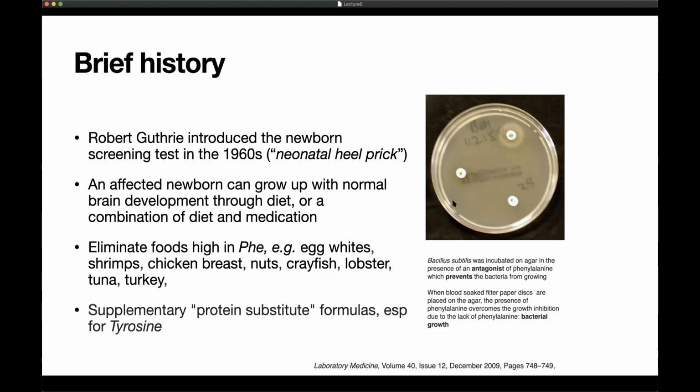And this was a bacterial growth type test where you take a bacterium, in this case Bacillus subtilis, that was incubated in an agar gel in the presence of an antagonist of phenylalanine, which prevents the bacteria from growing. If you then take paper discs that are soaked with blood that have too much phenylalanine, this phenylalanine will overcome the action of the antagonist and promote bacterial growth.